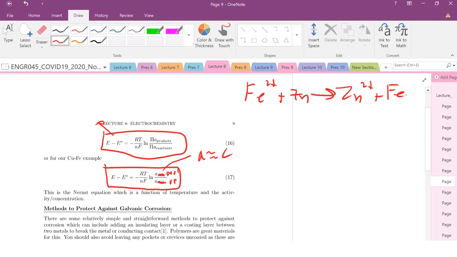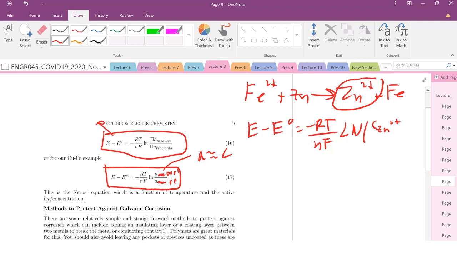If we follow through this equation, our Nernst equation is going to be E minus E naught equals minus RT, gas constant, over nF, natural log of the concentration of our products, so Zn2+. We are only interested in the ions here. The activity of Fe, or these non-ion materials, is just going to be 1, so we don't have to deal with them. But we want to deal with these ions here: the concentration of Zn2+ ions over the concentration of Fe2+ ions.